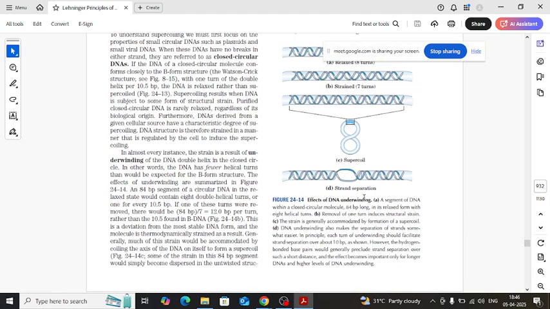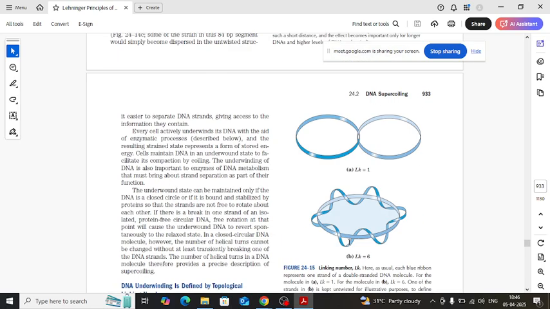DNA underwinding also makes the separation of strands easier. Each strand on underwinding should facilitate strand separation over about 10 base pairs. However, hydrogen bonds between base pairs would generally preclude strand separation over such a short distance.